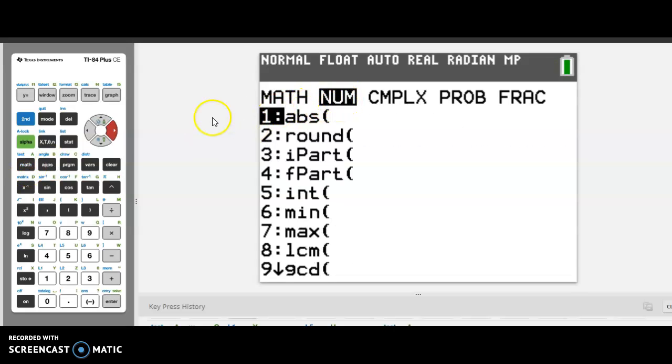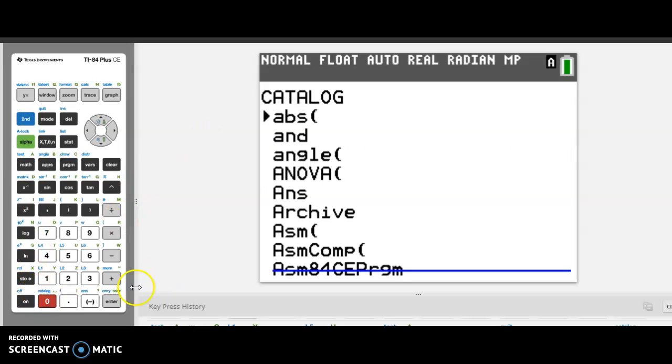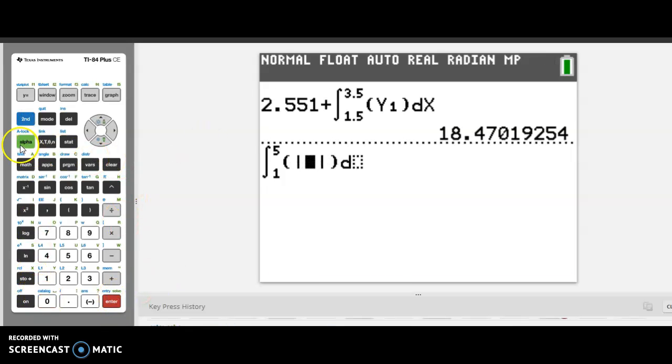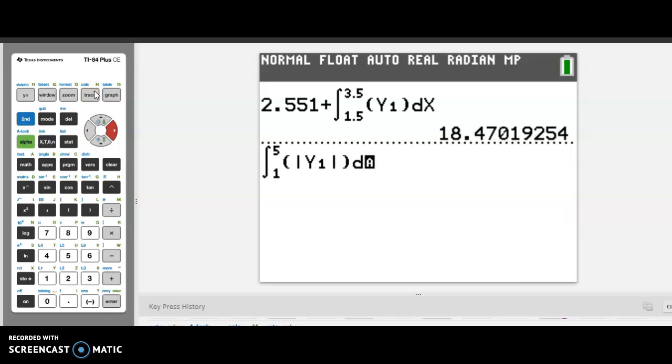You can go over to math, over to num abs, that'll create your absolute value, or, let me quit out of that. Remember, your catalog has everything. Second 0, and the very first option there is abs, and then alpha trace to grab your equation for the velocity dx. So the total distance traveled is that.